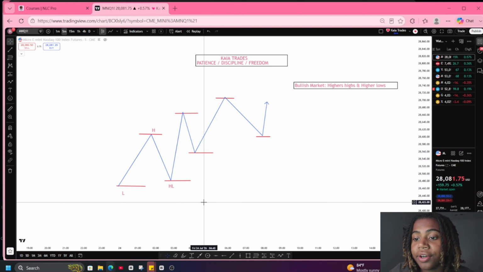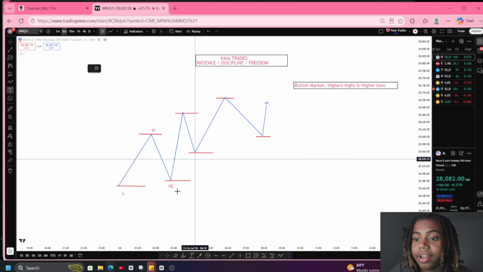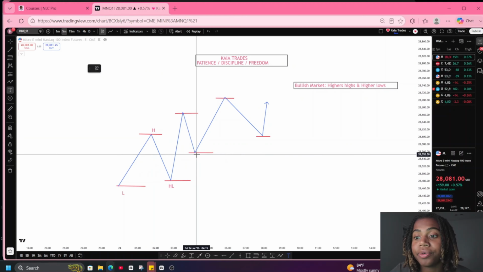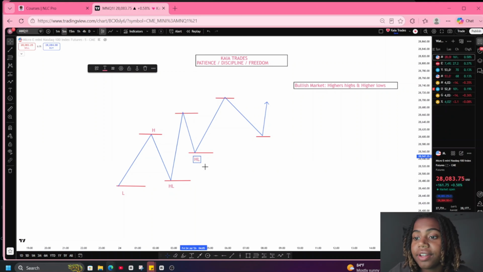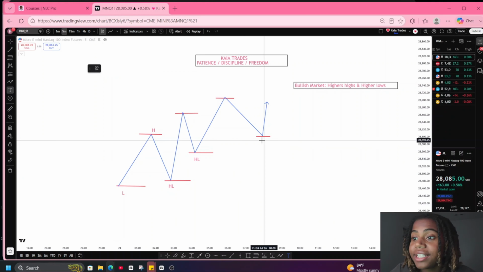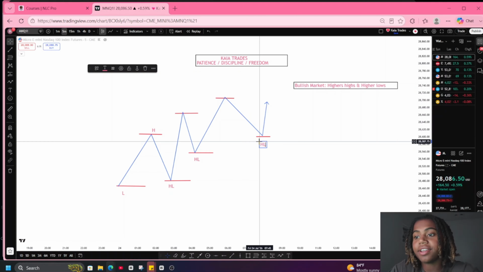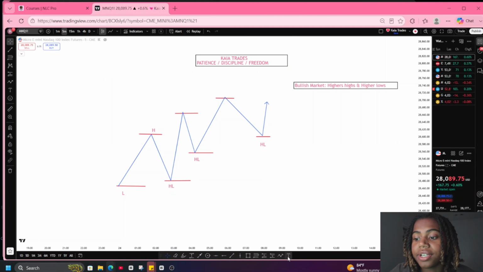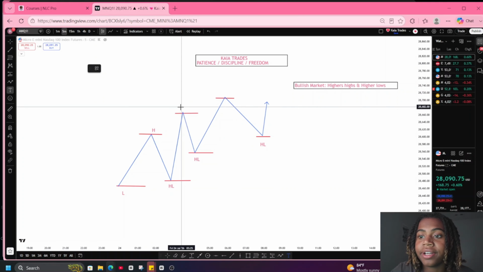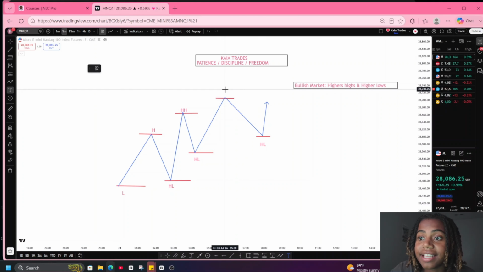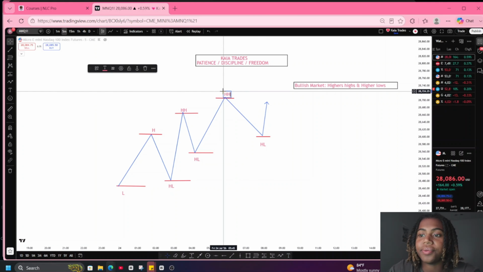So we have a higher low right here, and we have another low that's higher than the previous one. So we have another higher low. We have another low that's higher than the previous one. So it's another higher low. And then of course, guys, this high is higher than that one. So we have a higher high. This high was higher than that one. So we have a higher high.